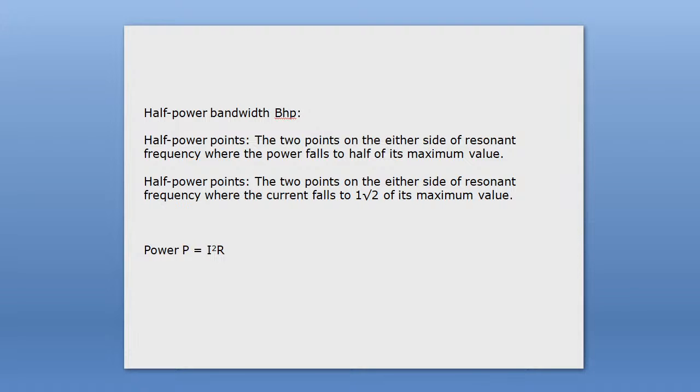Now you need to calculate, and the corresponding frequencies are known as half power frequencies.